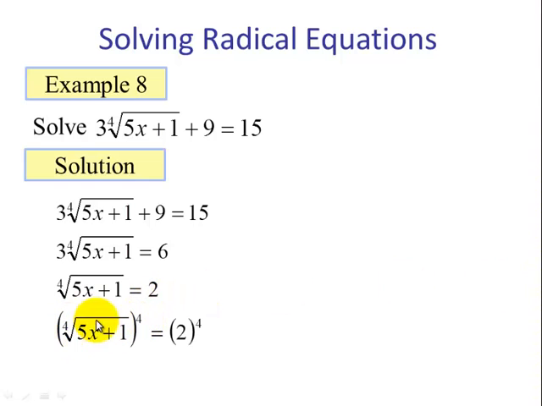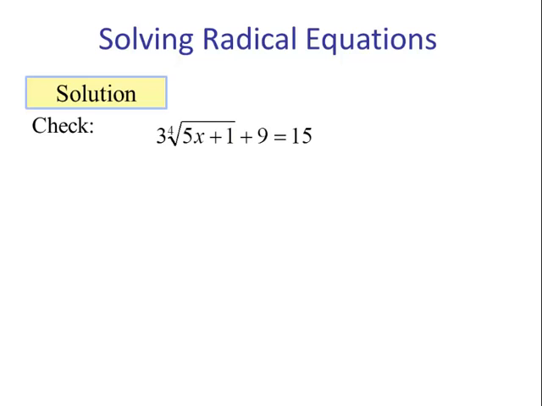This 4 and this 4 cancel. This will be 5x plus 1, and this will be 2 to the fourth power, which is 16. So we have 5x plus 1 equals 16. Subtract 1 to both sides. 5x equals 15, which means x is equal to 3.